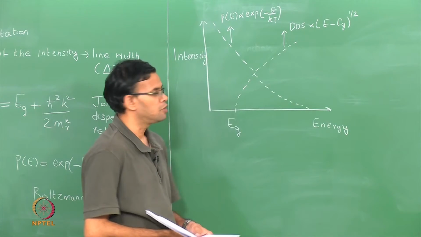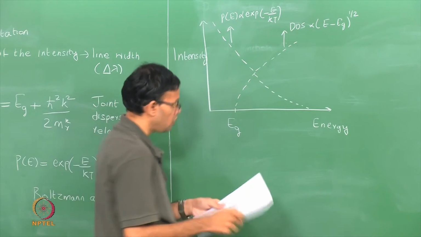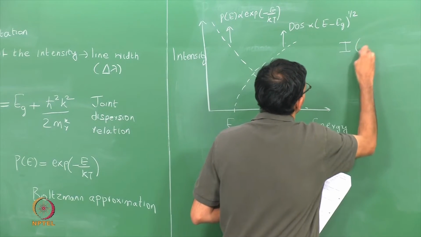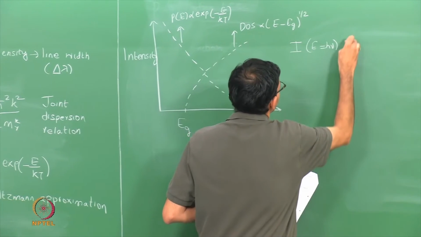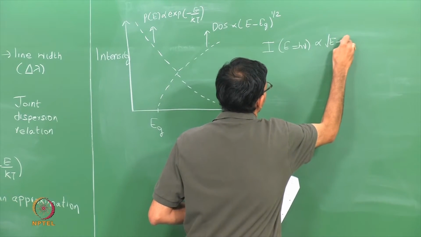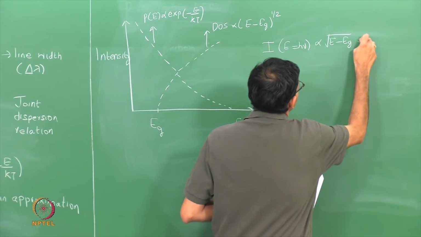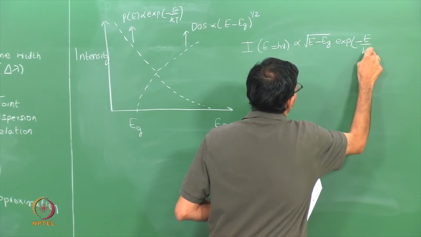So the theoretical spectrum depends upon the product of these two, so that I of some energy equal to h mu is proportional to square root of E minus Eg times exponential minus E over kT.